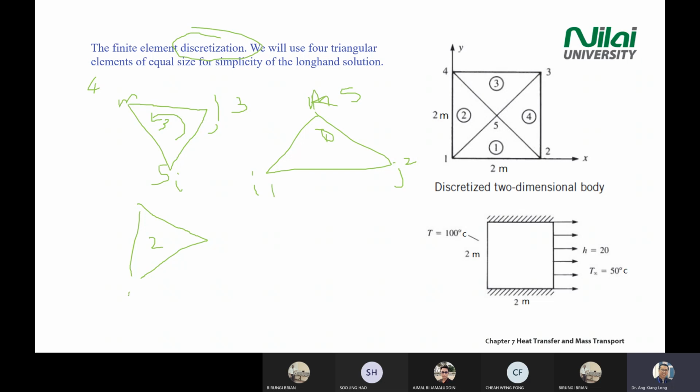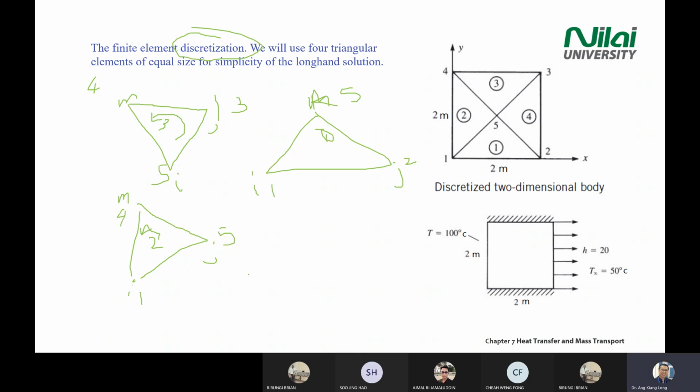Okay, I repeat one more for element 2. For element 2, label I, J, M in anti-clockwise direction. Then look at the diagram that you just drew. Put in the node that you drew in the diagram. So just follow 1. Element 2 point J is 5. Element 2 M is number 4.